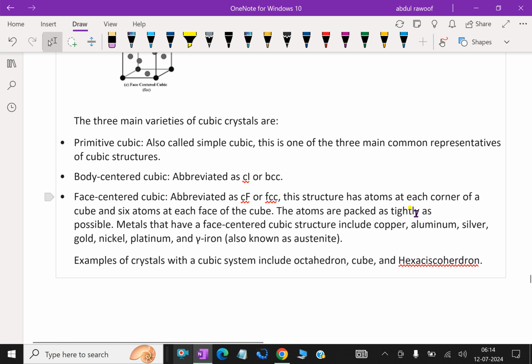This structure has atoms at each corner of a cube and 6 atoms at each face of the cube. The atoms are packed as tightly as possible. Metals that have a face-centered cubic structure include copper, aluminium, silver, gold, nickel, platinum and gamma iron, also known as austenite.